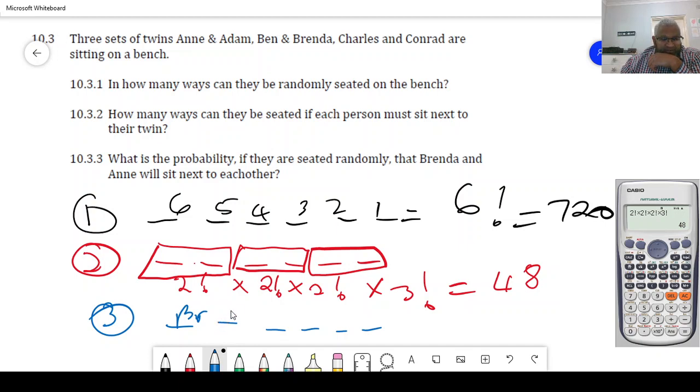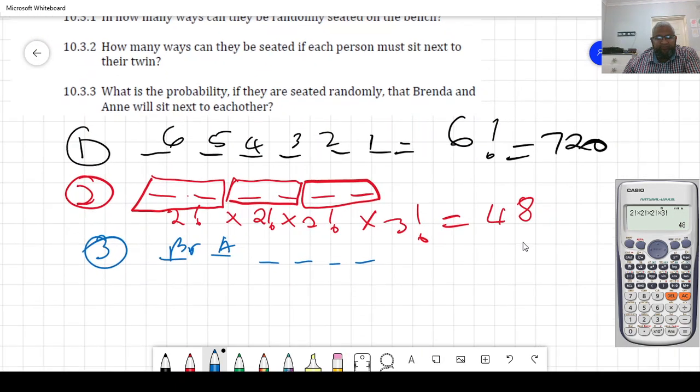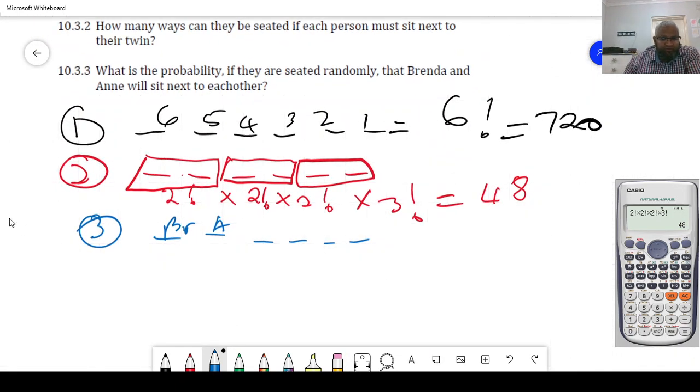That's the only condition here. For them to sit together, we bind them together. Binding them together, the seating arrangement there could be 2 factorial. Either Brenda is first or Anne is first.